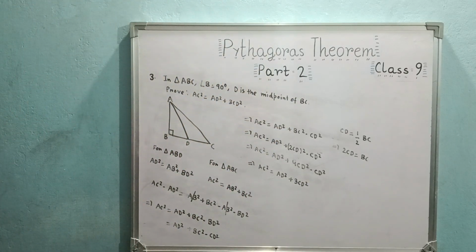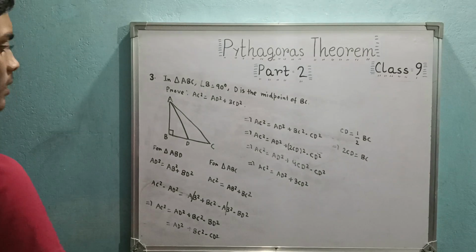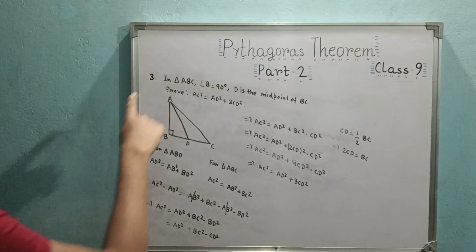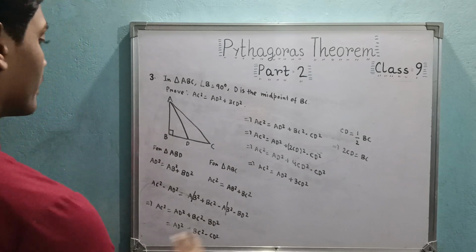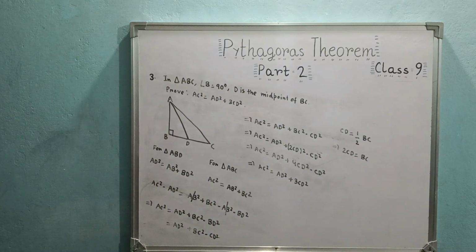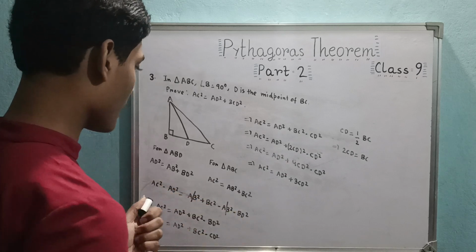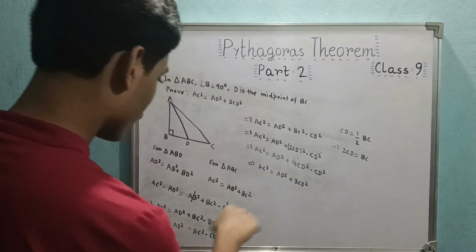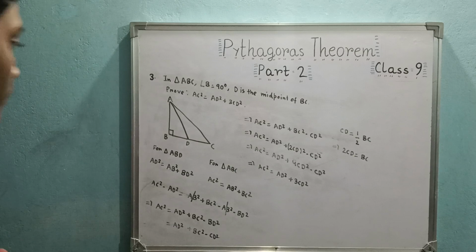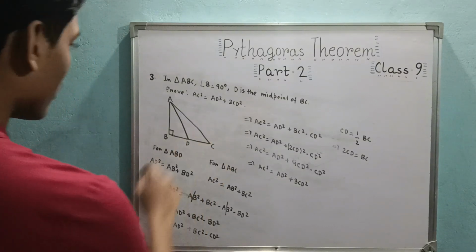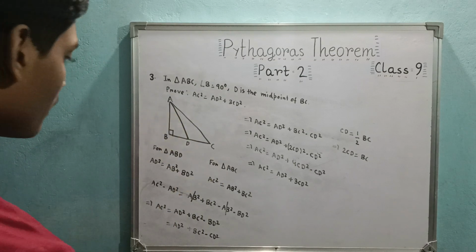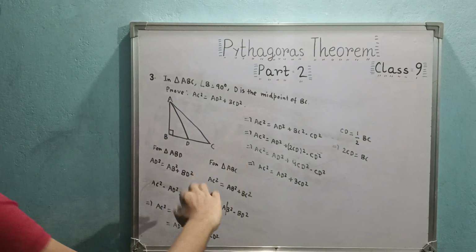Yes, very well. So what we did again, first of all, for the two right angle triangles ABD and ABC, get the respective Pythagoras equations. Then I did AC square minus AD square equal to this minus this, and AB square got removed. Then remained AD square plus BC square minus BD square. BD is equal to CD because D is the midpoint of BC. So I wrote CD here.